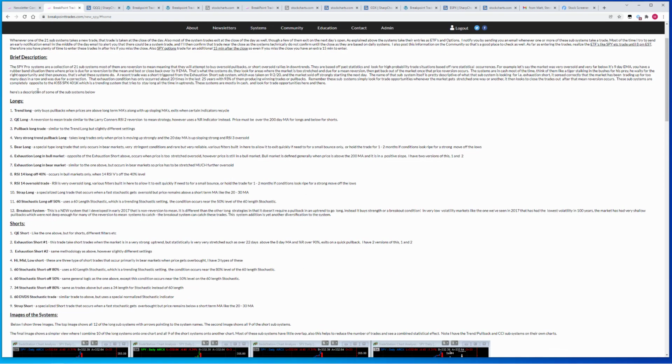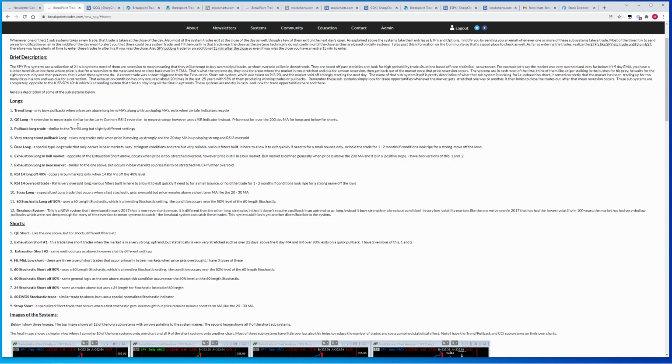But reversion to means here, basically what they're doing is, they're looking to buy pullbacks in uptrends. They look to short rallies in downtrends. They also look for extreme cases in the market where maybe you're too far away from the 9 EMA. Maybe you've run up too many days in a row. Maybe you've sold off too many days in a row.